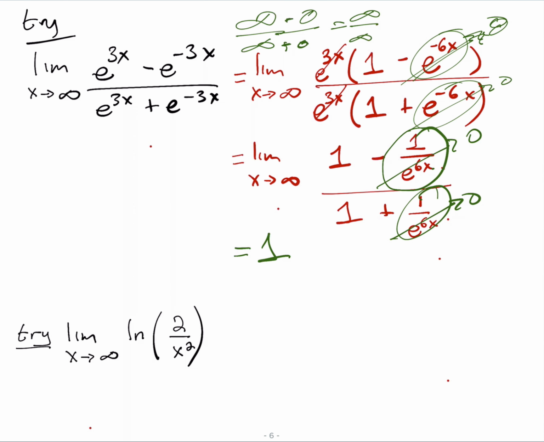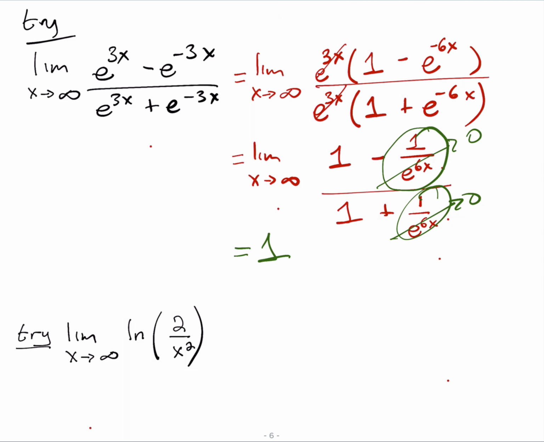Okay, so why don't we see what happens if you factor out e to the minus 3x? Just for fun, if I change this to factoring out e to the minus 3x, top and bottom, what would change?